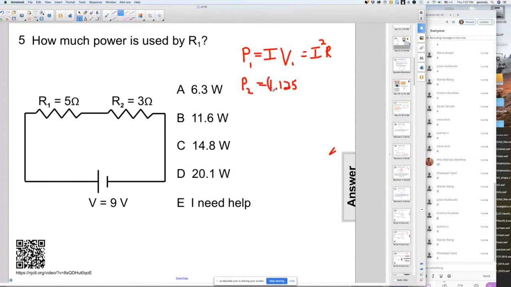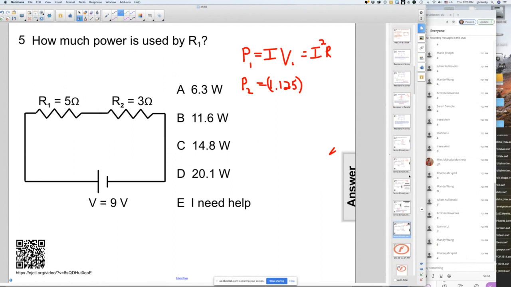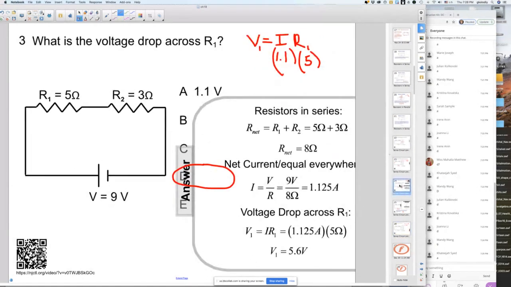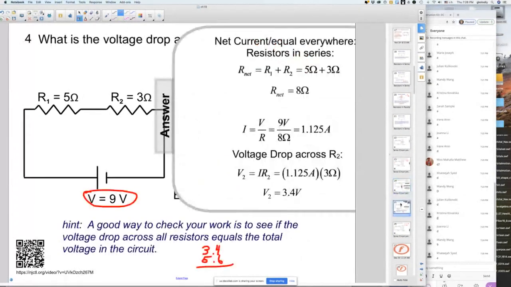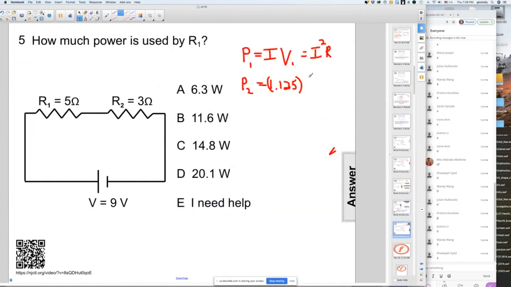And we also, remember, calculated the voltage across here. And that was a couple of slides ago. Yeah, it was 3.4. So for the first answer, this was 6.3, I believe, right?